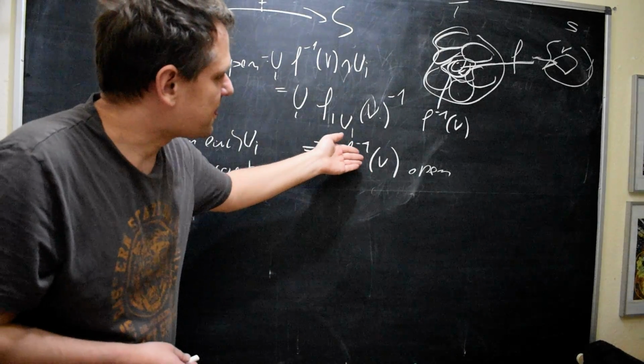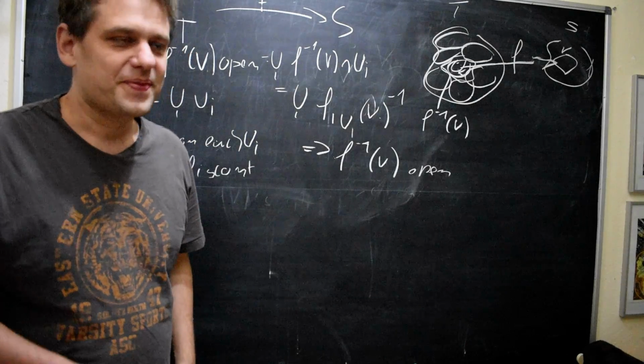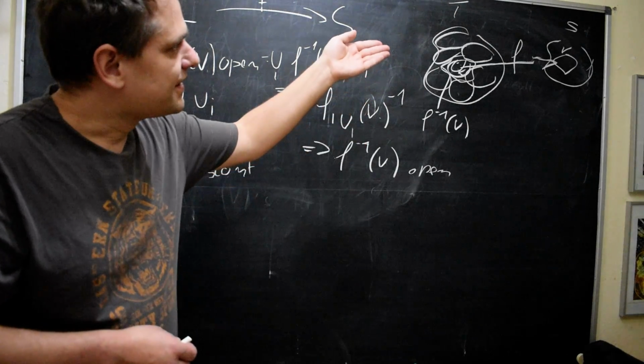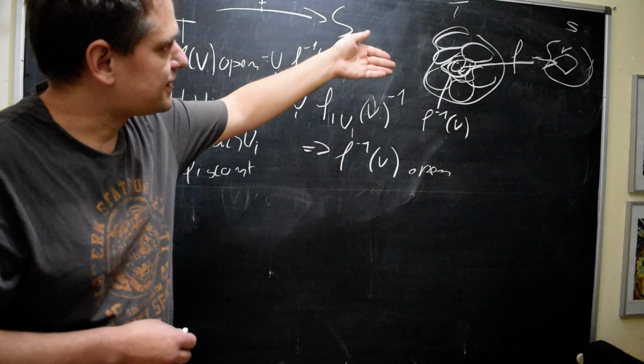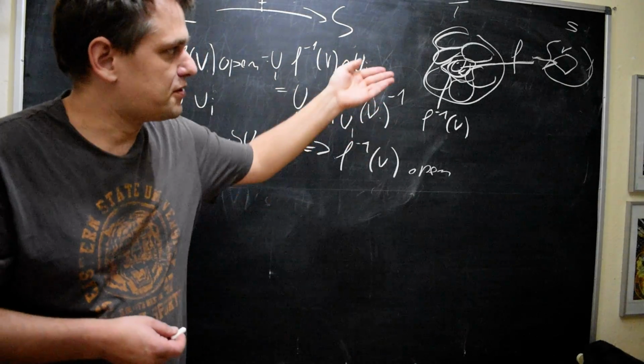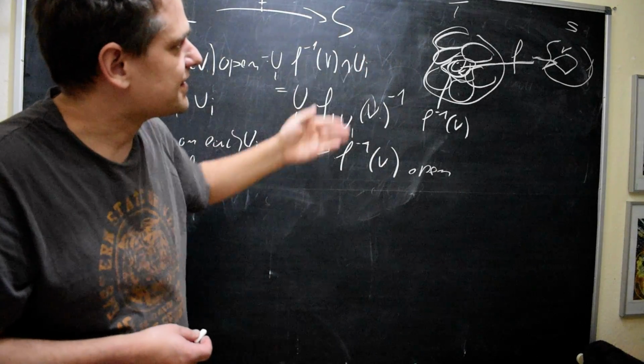And this means that the pre-image of V is open, and this shows that indeed F is continuous globally, because the pre-image of this arbitrary open set V is open in T.